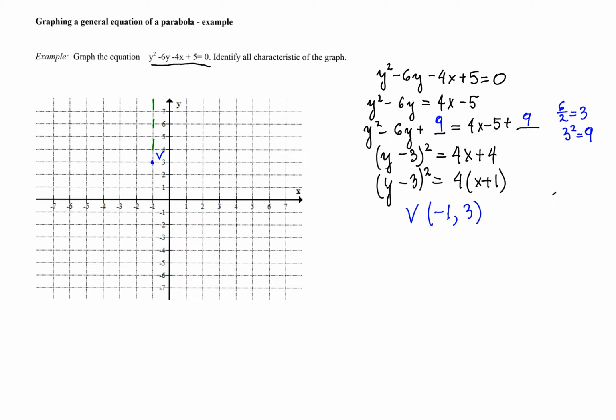So I will draw a coordinate system going through the vertex with axes parallel to the original axes and with the origin at the vertex. And in this new coordinate system, I will graph the parabola that is obtained without the shifts.